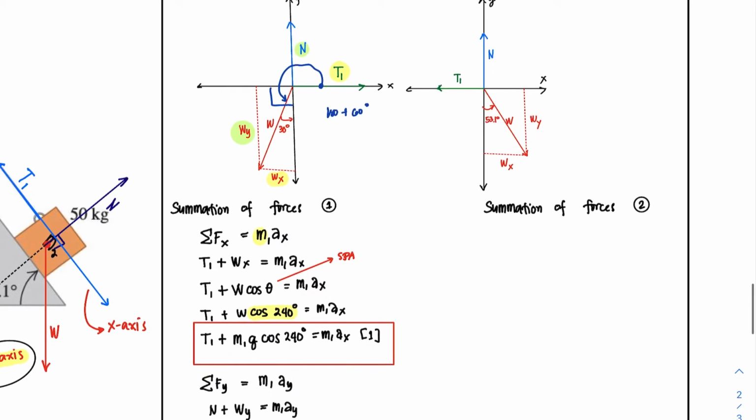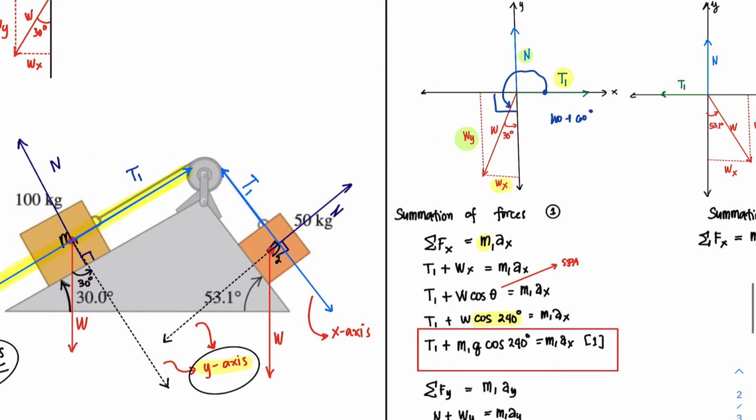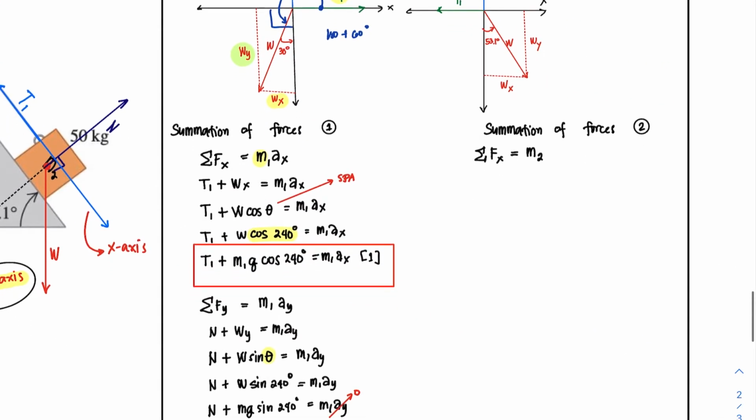Now for the summation of forces of body 2, we always start with, this is not really the rule, but I just suggest for clarity of the process, we start with the x. So the sum of the forces along x is equal to, this time around, m2, because we are dealing with mass 2. This one over here, because that is where we base our free body diagram. So m2 ax.